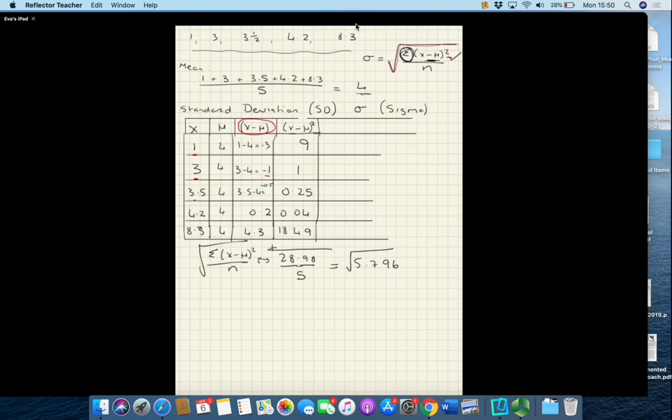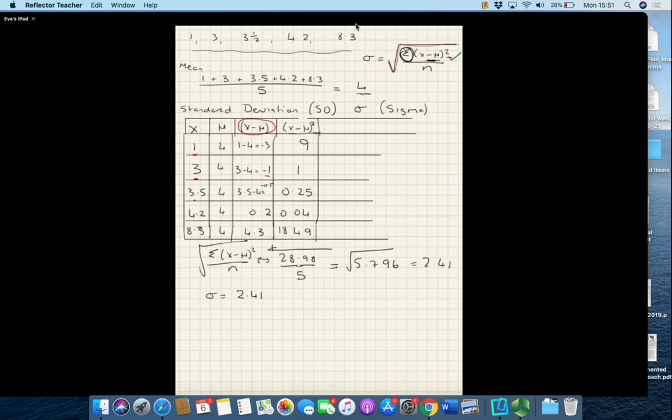So the square root of 5.796 is 2.407, so 2.41. So your standard deviation is 2.41.